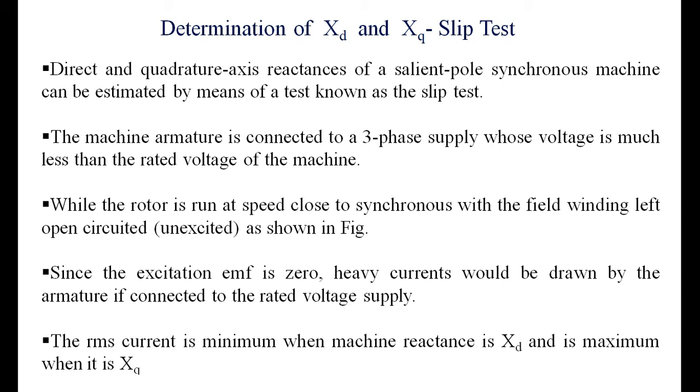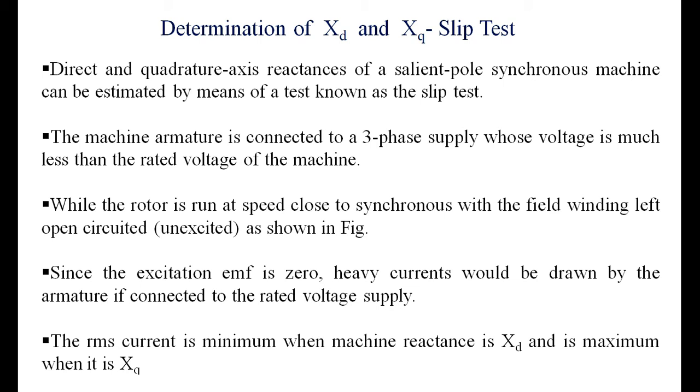The RMS current drawn is less when XD is more, because the applied voltage remains the same. If the reactance is more, the current drawn is less. Therefore the RMS current is minimum when the machine reactance is XD, since XD is greater than XQ, and it is maximum when it is XQ.